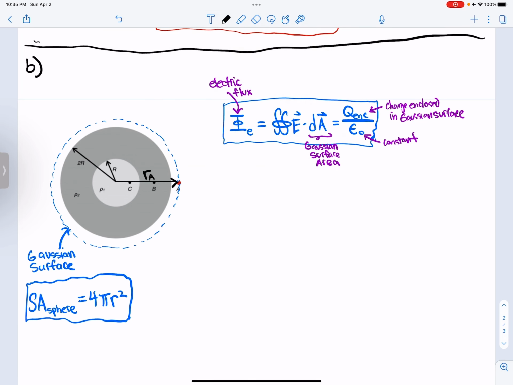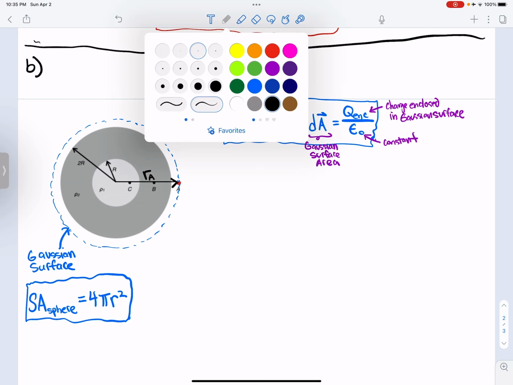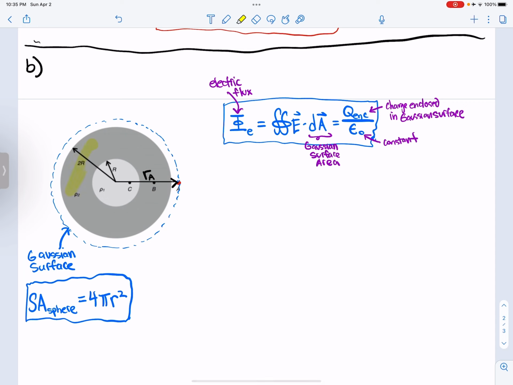So my Gaussian surface is a sphere, so that means that the vector normal on my surface is going to be parallel to the electric field coming from this ball, right? So then what that means is the E here will just be a constant, so I'm going to take that out. So E times surface integral of dA from my Gaussian surface equal to charge enclosed divided by epsilon naught.